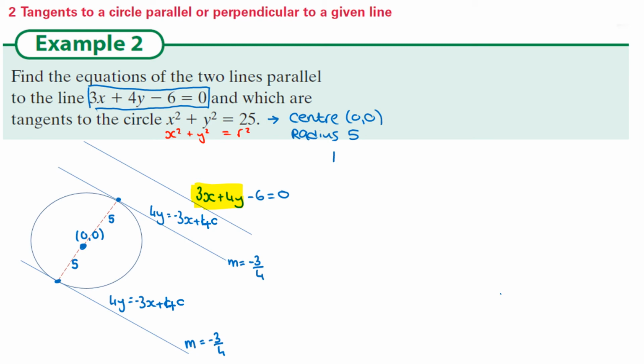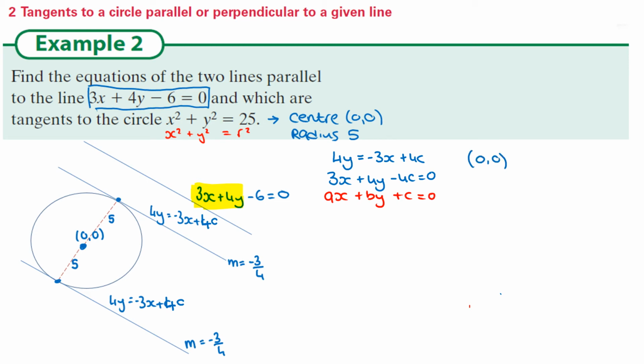So I'm going to take the equation that we have, 4y equals minus 3x plus 4c, and rearrange it: 3x plus 4y minus 4c equals 0. We're rearranging it so it's in the form of ax plus by plus c equals 0. This is so we can use the perpendicular distance formula.